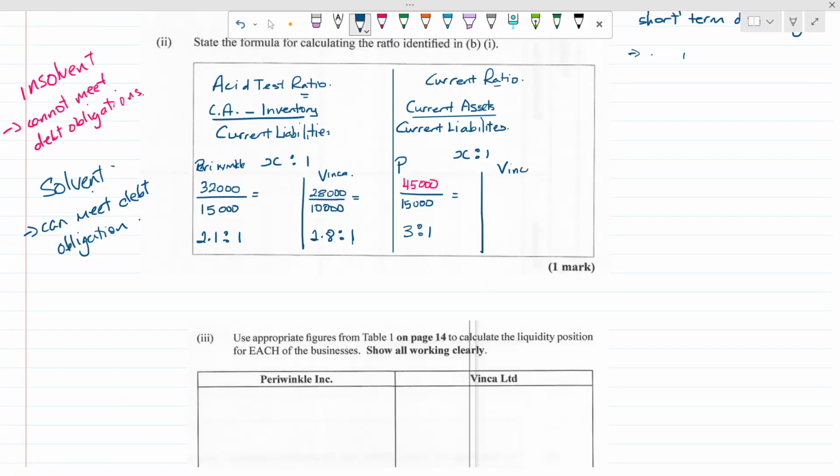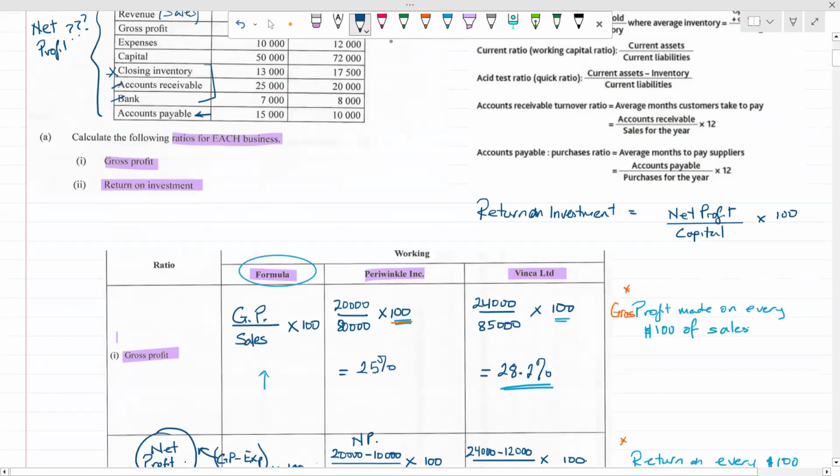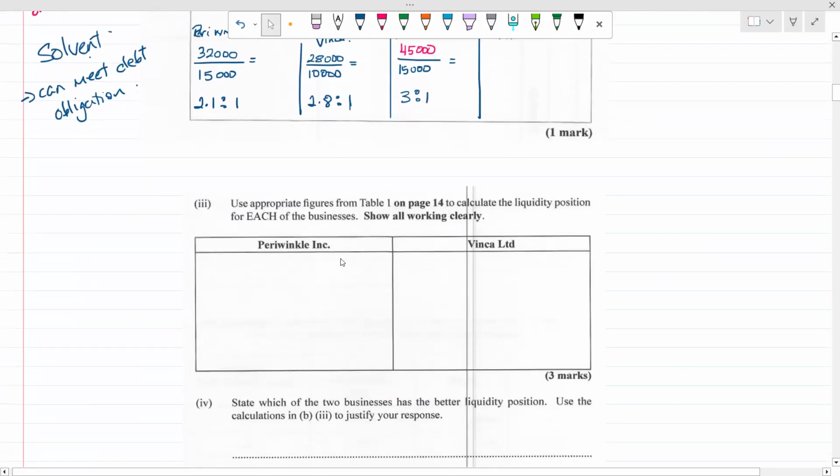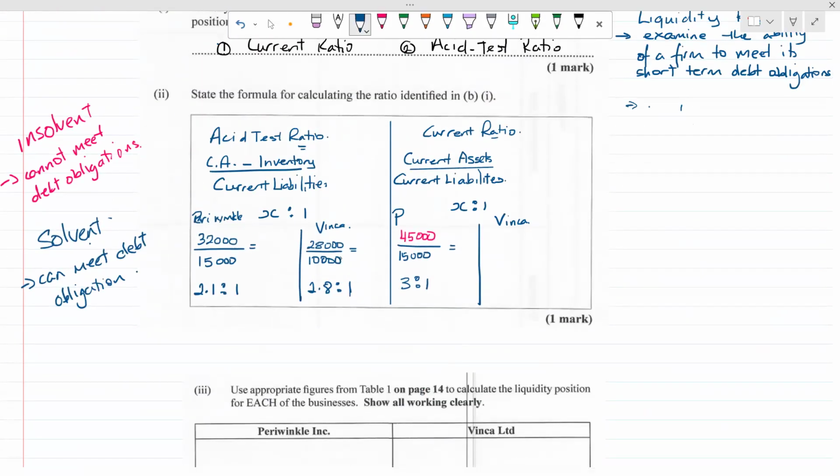And then for Vinca, we already have 28, so if we add 17,500, how much we getting there? 45,500. Right? And nothing's going to change in terms of the current liabilities. So we get, as I mentioned, a bigger number than before, 4.55.